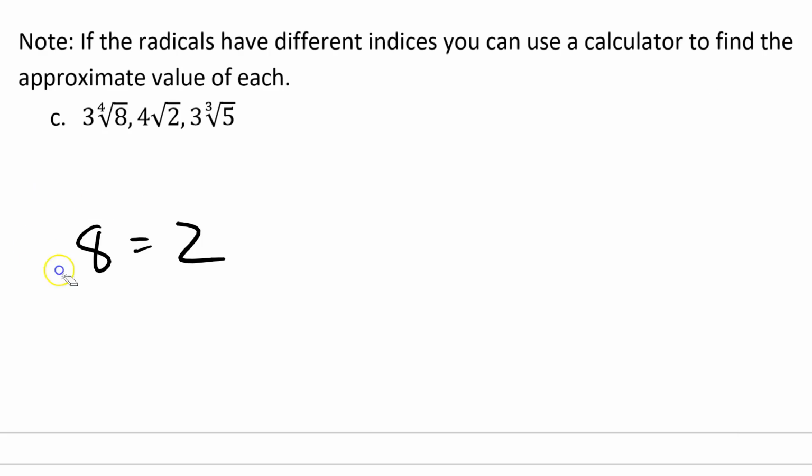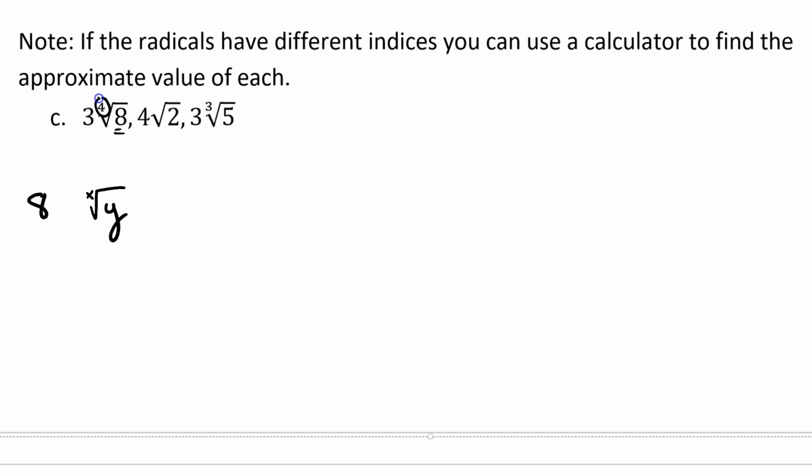So the way that some calculators work, you have to put in the radicand, so 8, and then you need to press the button x root y. And then you have to type in what the root is. Okay, so in this case, I'm going to hit 8, and then I'm going to hit this button.